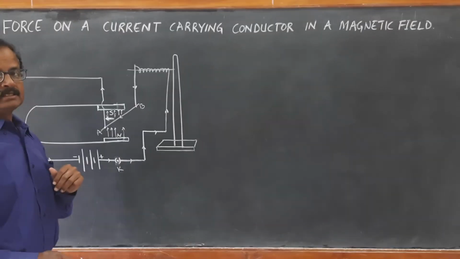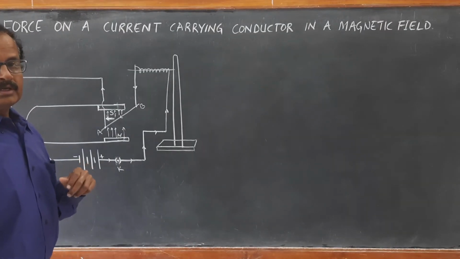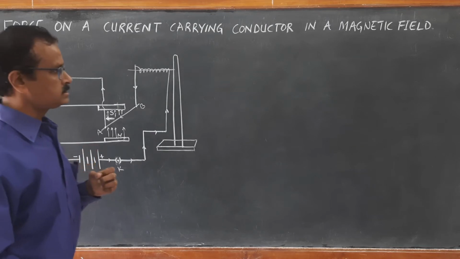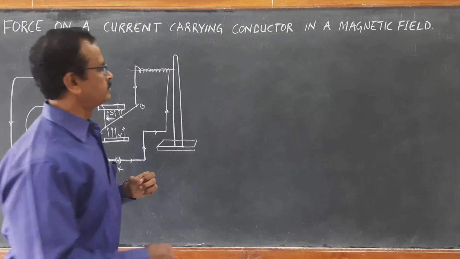How do we say that it gets deflected in this direction? To understand that, we need to follow a rule called Fleming's left hand rule.